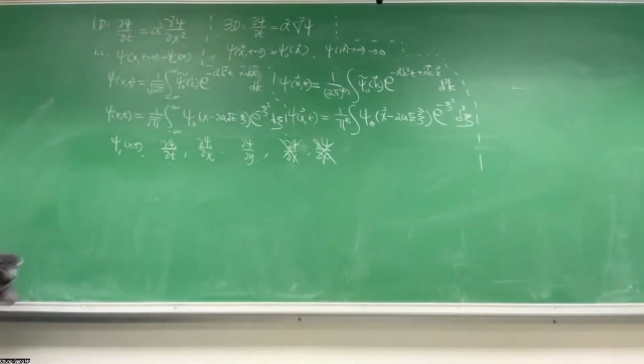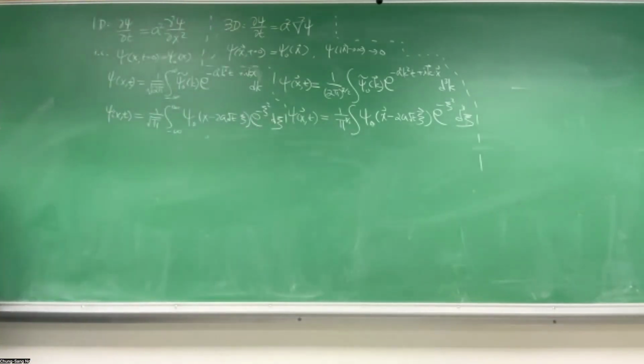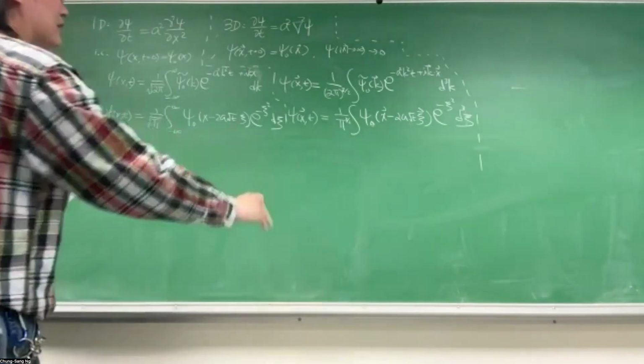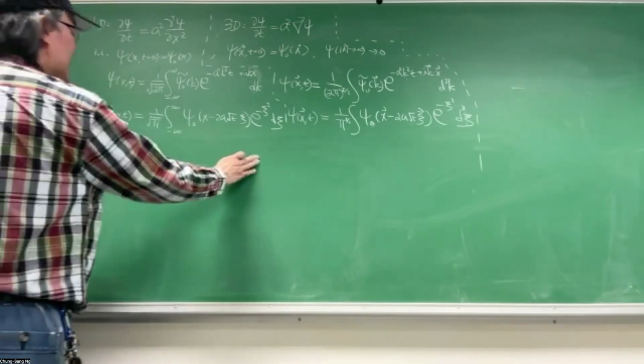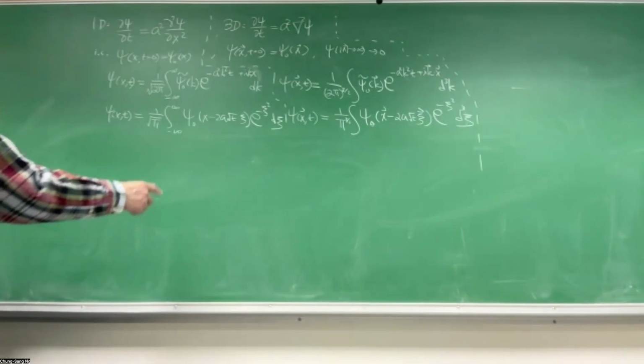All right, so all these simple properties you can see from the form of this formula. Then we can try some initial conditions and see what we find.